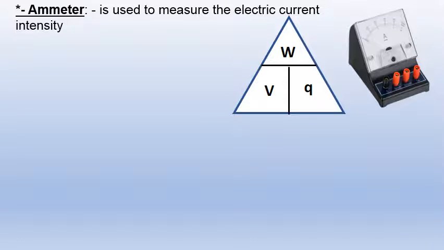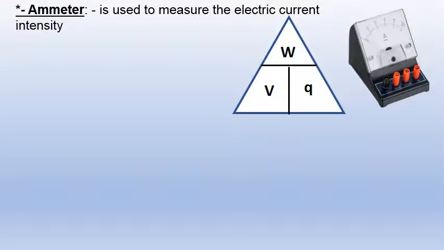Okay. So here I have the ammeter. It is a device used to measure the electric current intensity. I connect the red pole, which represents the positive pole, to the positive pole of the battery, and the negative pole, which is black, to the negative pole of the battery.